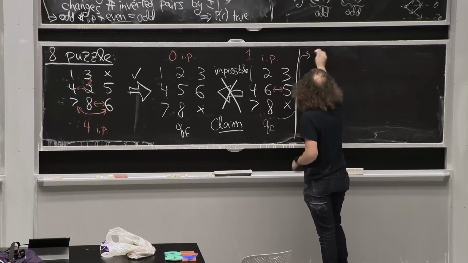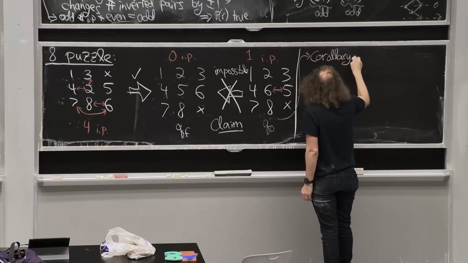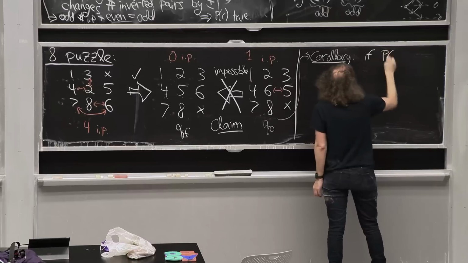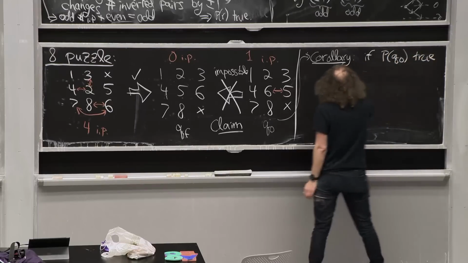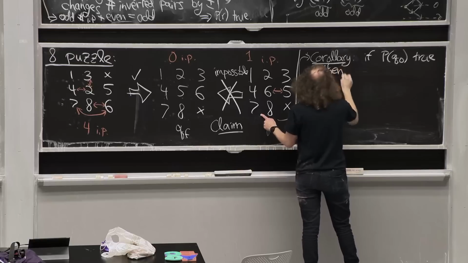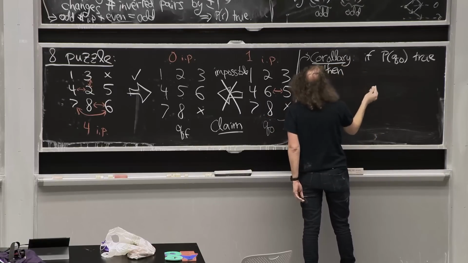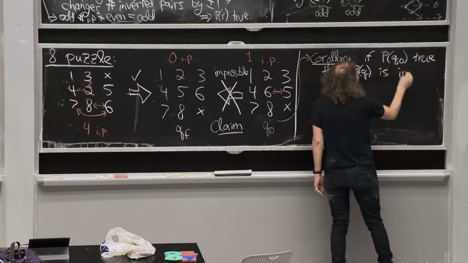Okay, so for this Q0, let's say, if P of Q0 is true, as in this example, because there's an odd number of inverted pairs, then P of Q is invariant.